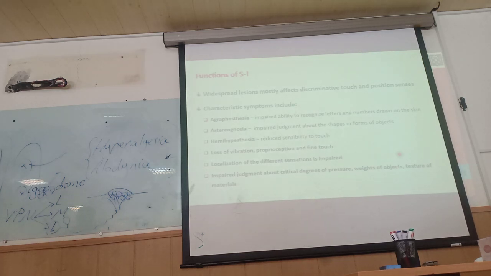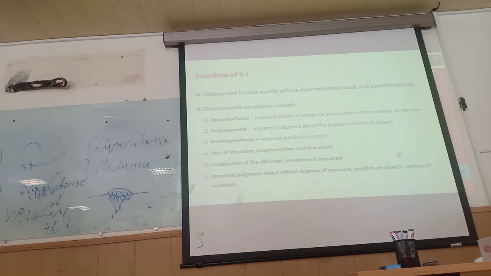Agraphesthesia means the patient is not able to understand what is drawn on his palm or any part of the body. For example, the experimenter may write letter A on the palm. The patient cannot feel the letter A. Or the experimenter may write, for example, number 2.